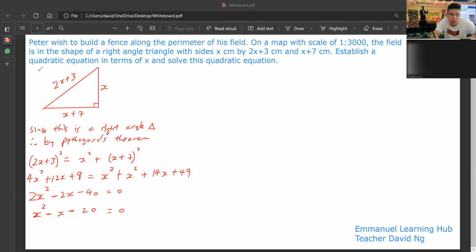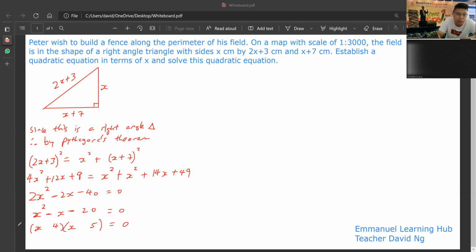Then they say establish the quadratic equation, established already. Then you solve this quadratic equation. Let me see, I can factorize it. 5, 4. Confirm is 5, 4, no other way. 5 times 4 is 20, but I want minus 20, so one of them is minus.